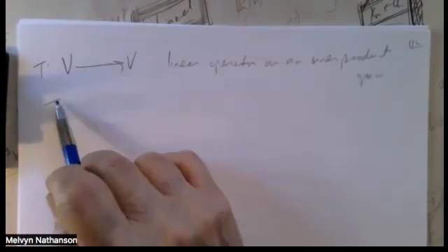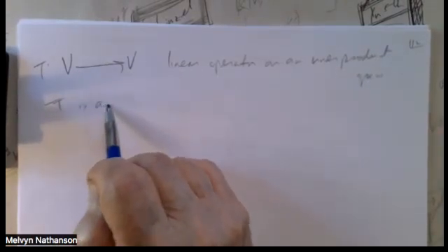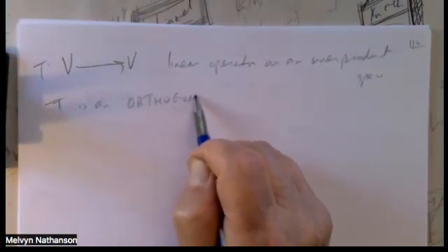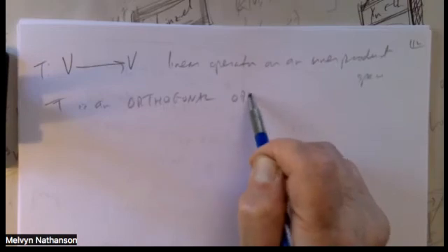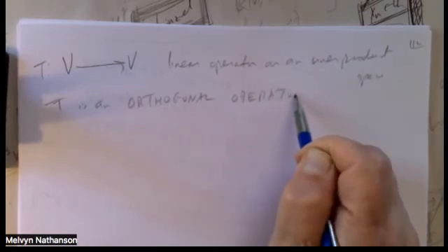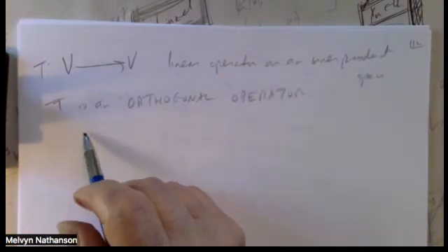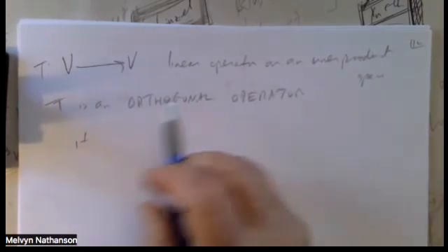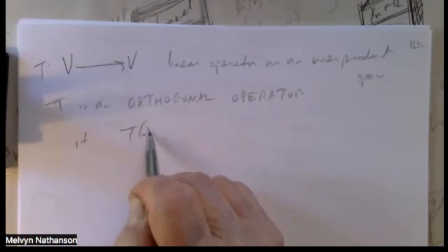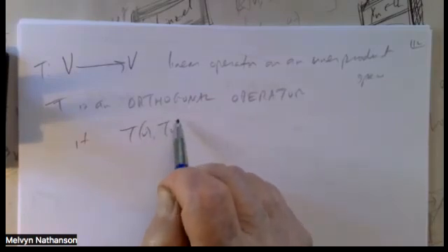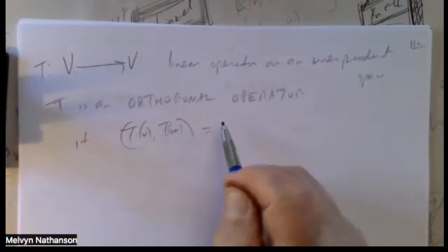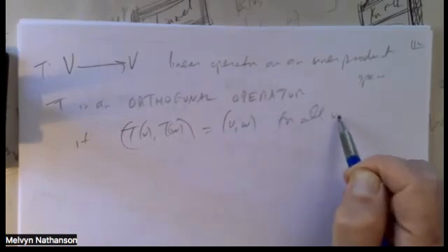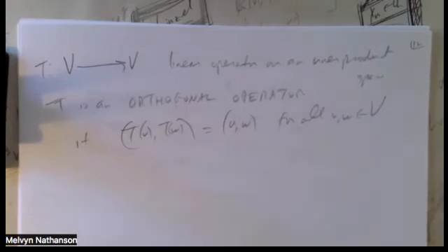And we say T is an orthogonal operator if it preserves the inner product. And what that means is that if I take vectors v and w, the inner product of T of v and T of w is the same as the inner product of v with w for all v and w in the vector space.